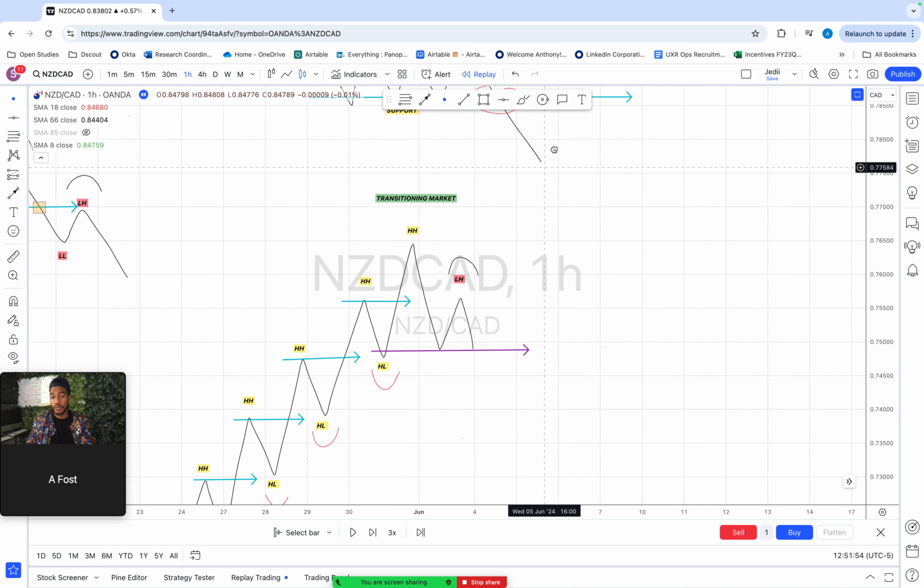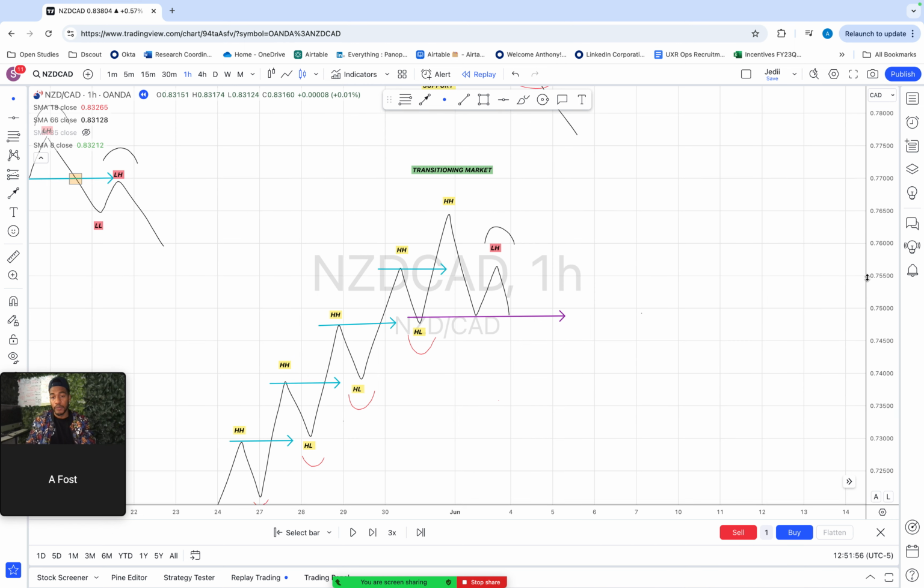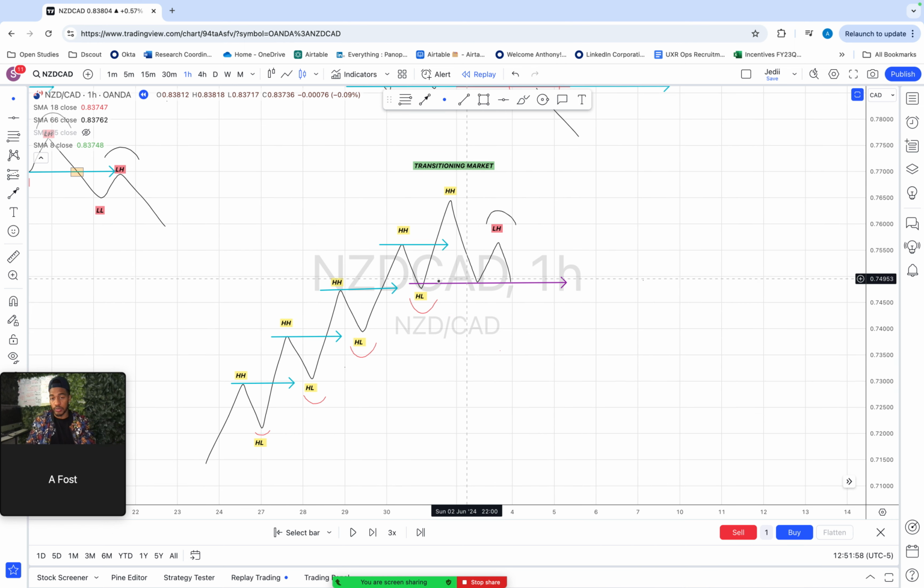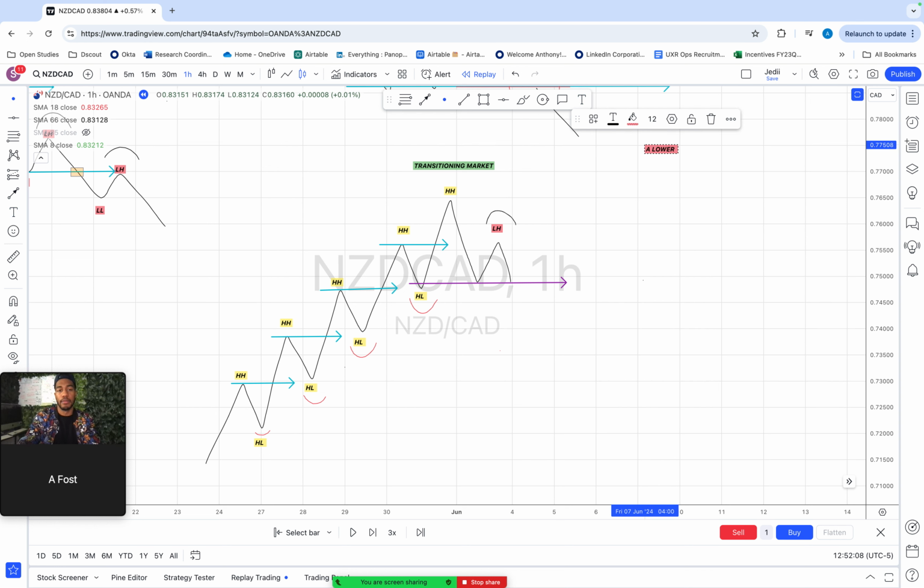So I would be waiting for this market to break this support level. So we have a lower high times a break of support equals bearish market.